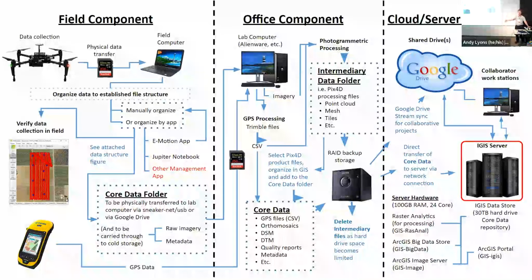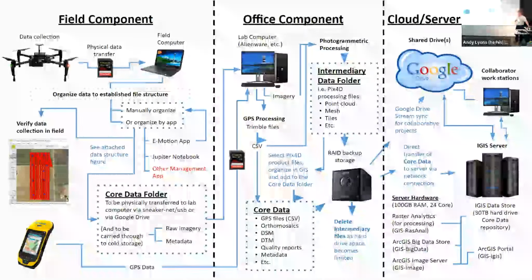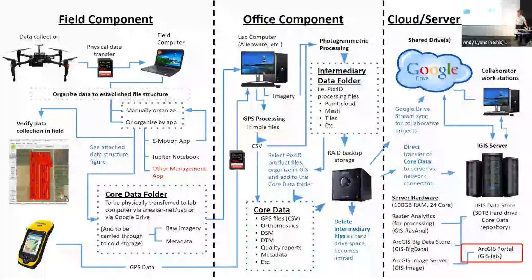We typically will hand over the data to the client, who are generally faculty or other kinds of researchers. At the end of the day, all of our projects, we put them on servers that Shane has managed and put together. Because we're an academic organization and we have a responsibility to keep our data available, everything is, at least in theory, accessible through ArcGIS portal, which is one of the ways you can serve GIS data.